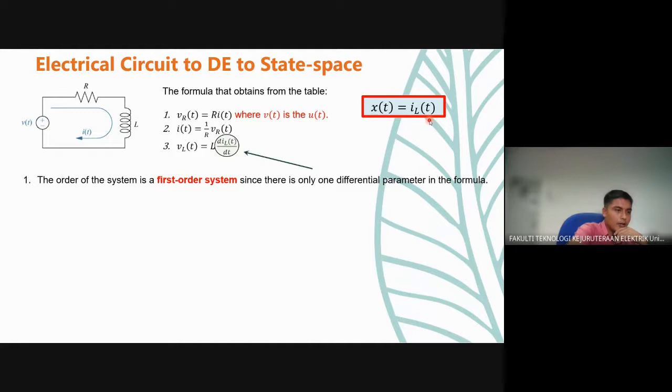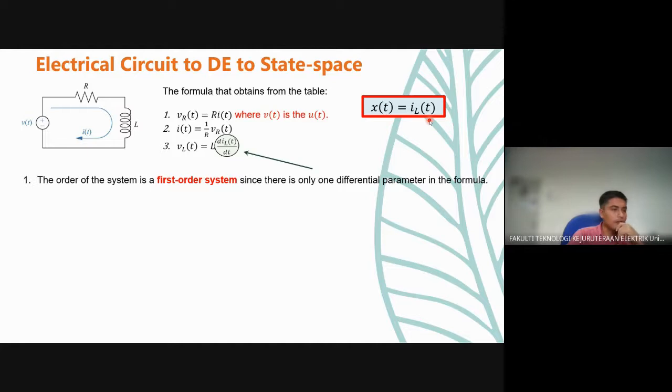Okay, so would anyone like to help Arimugan? Why do we name XT equal to ILT? Because it is the input. All right. Anyone would like to comment on Arimugan's answer?